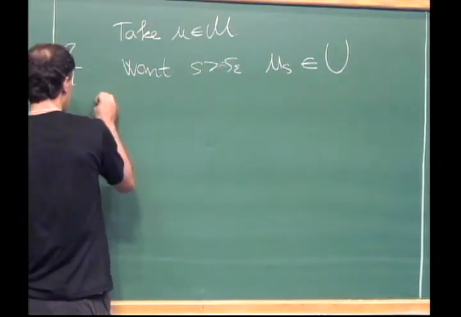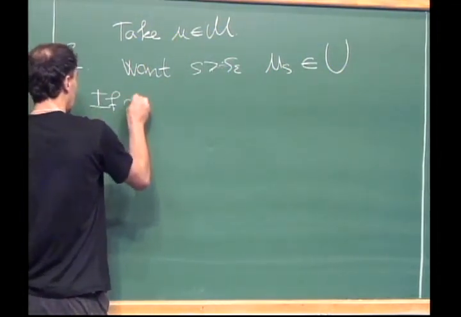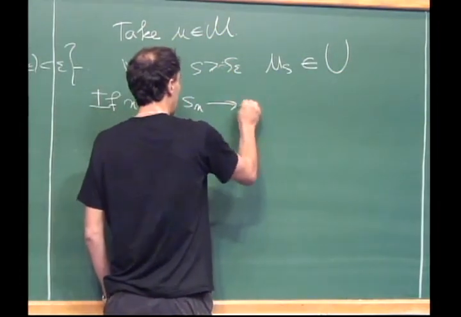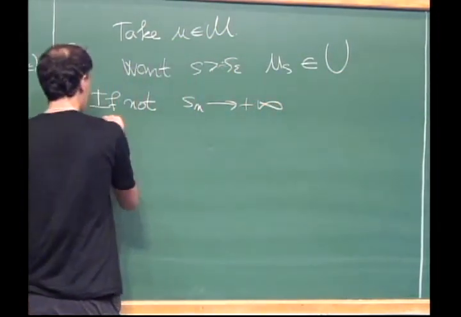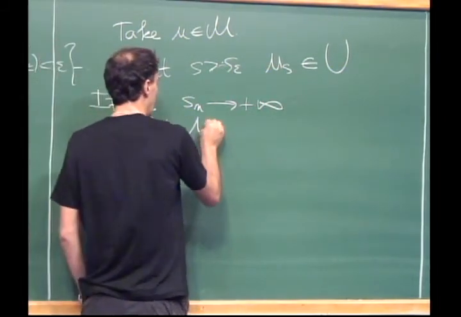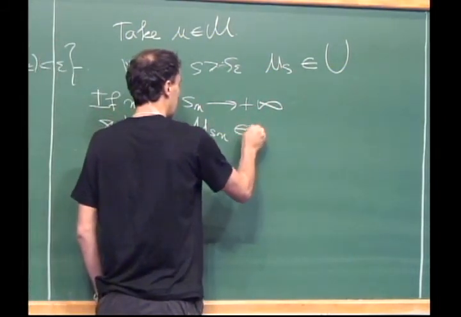Now, if not, there is some s_n going to plus infinity such that u(s_n) is not in U.